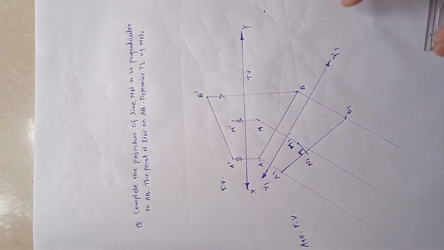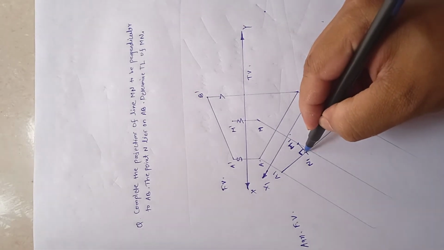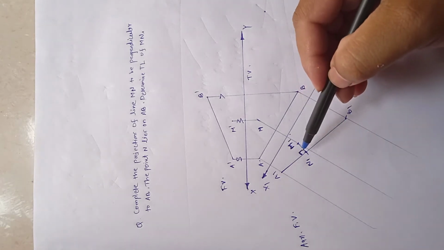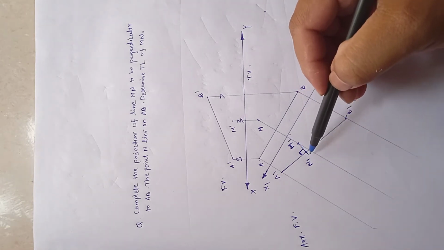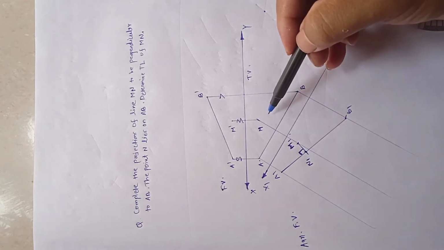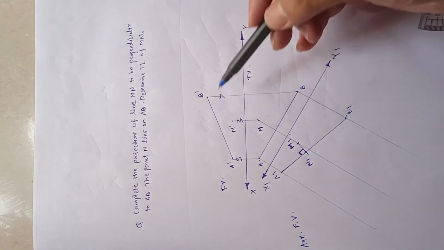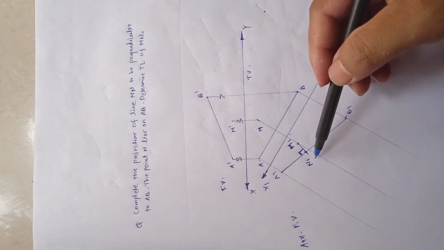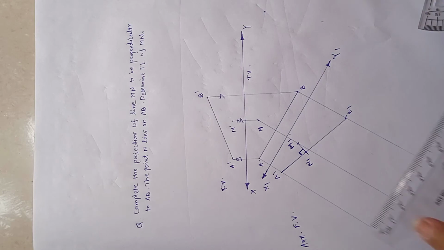So this is point N1. Now the auxiliary front view of N1 is available. Now we have to project this back to the top view, then to the front view. N point is lying on line AB, so we can easily complete this view.